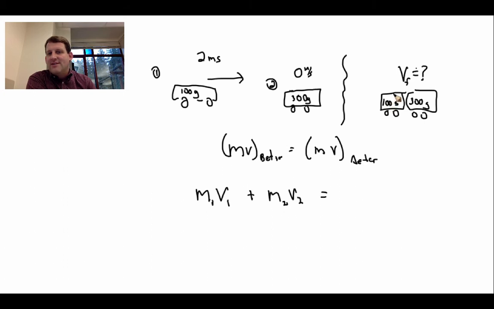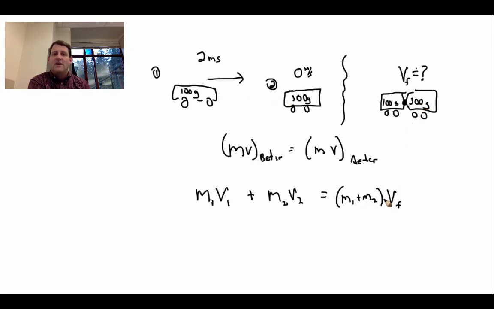Now these two things are stuck together, so they act like one object. So we can say, hey, the mass of this one object is really the mass of 1 plus the mass of 2, and that's all times the final velocity. So that's our momentum conservation equation. For every different object, you have to account for its momentum. Here there's two objects, they stick together and make one object.